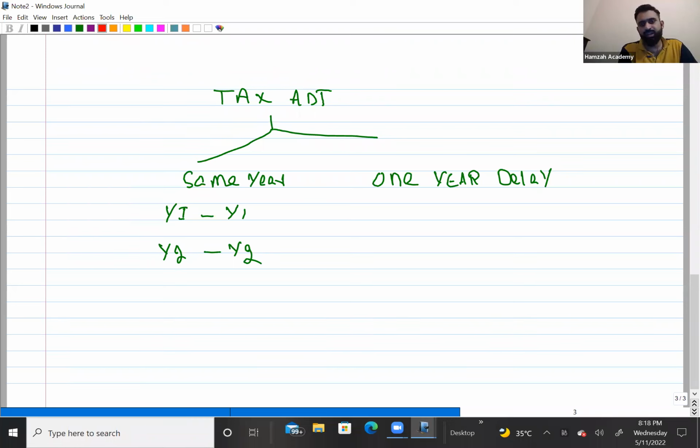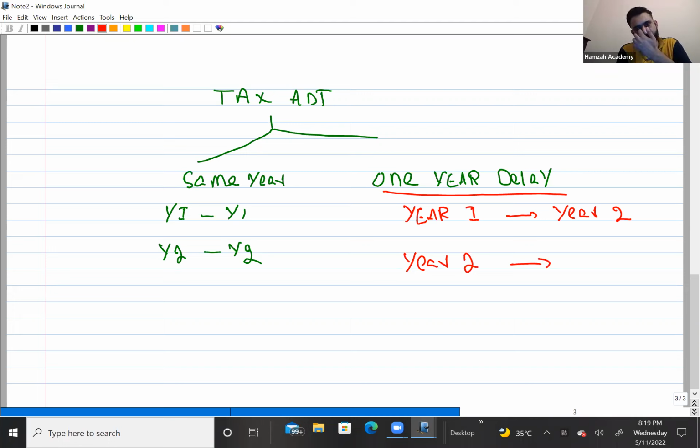1 year delay means that the tax relating to year 1 will be paid in year 2, and tax relating to year 2 will be paid in year 3, and the tax relating to year 3 will be paid in year 4, and so on.